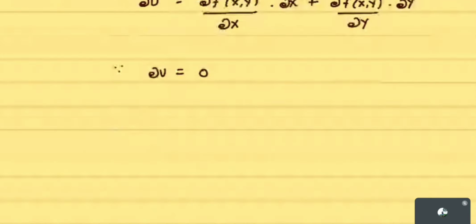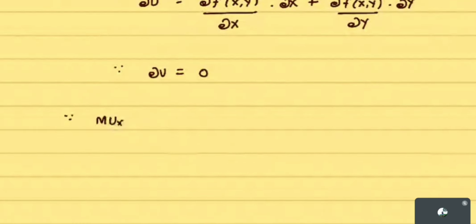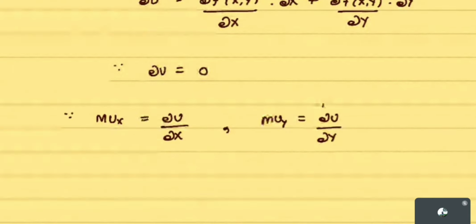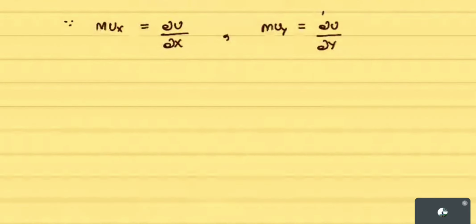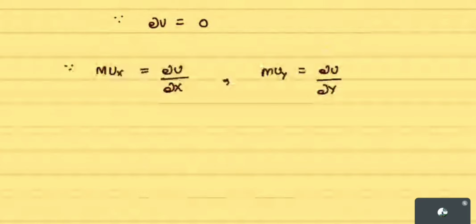One thing let me tell you: MUX is equal to du by dx, and MUY is equal to du by dy. That means the partial derivative of utility with respect to x and the partial derivative of utility with respect to y.